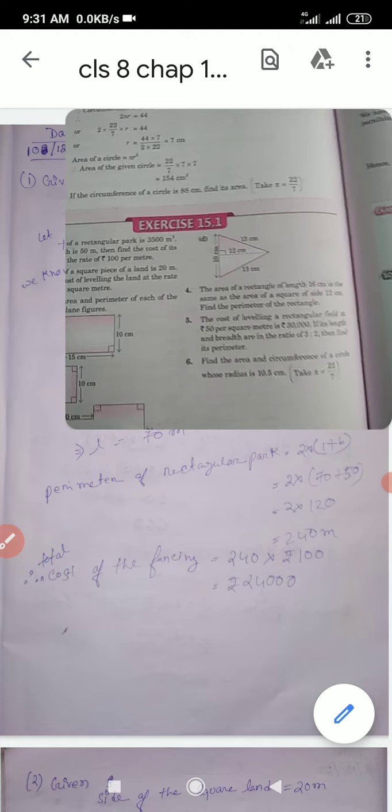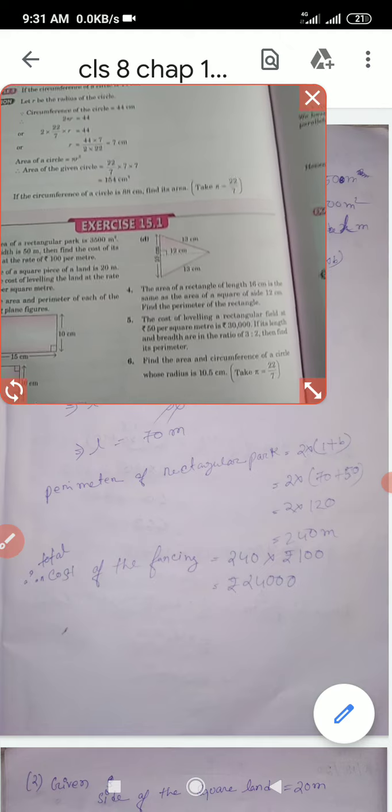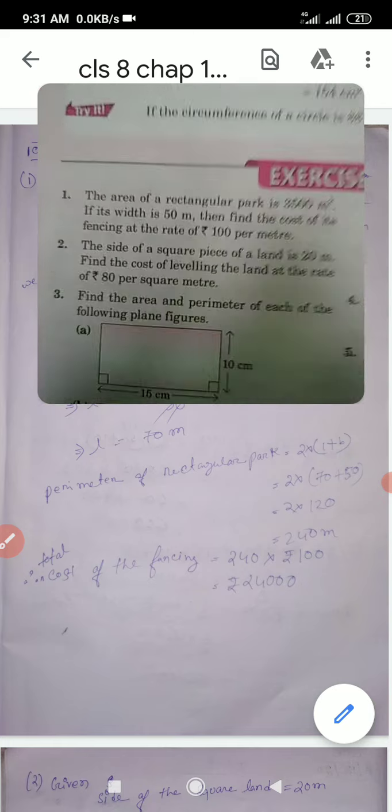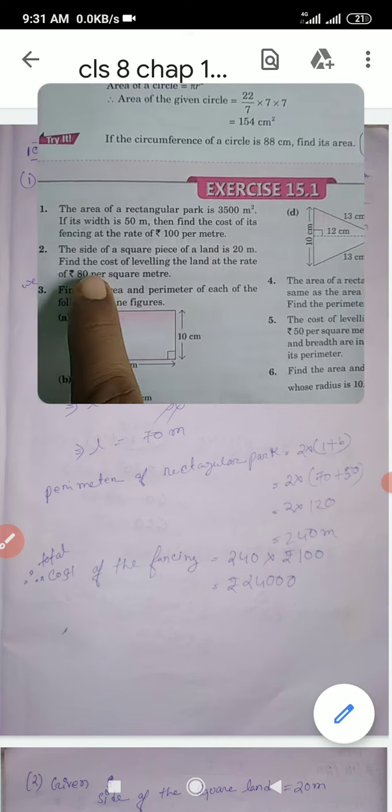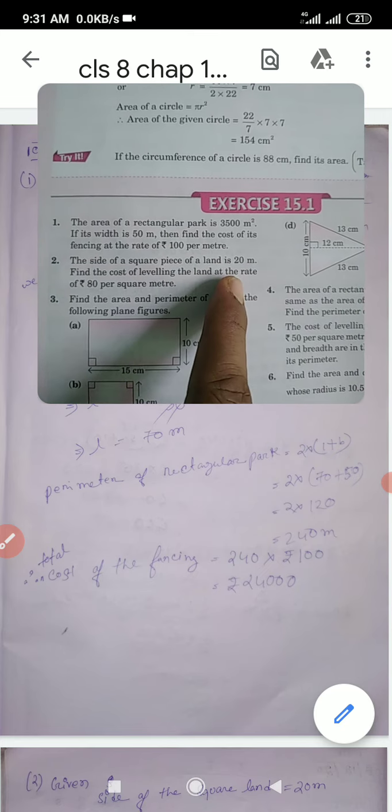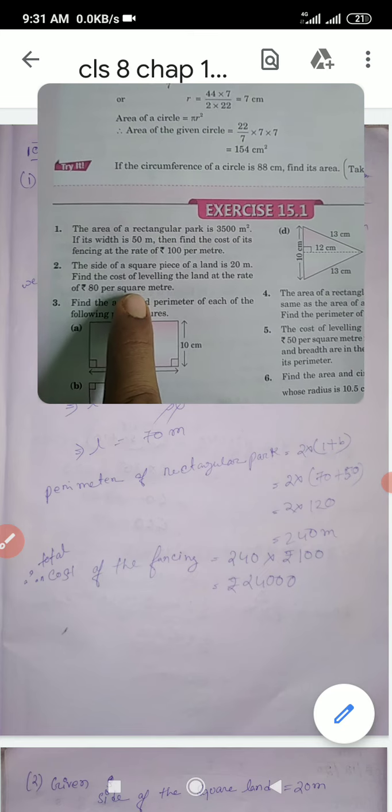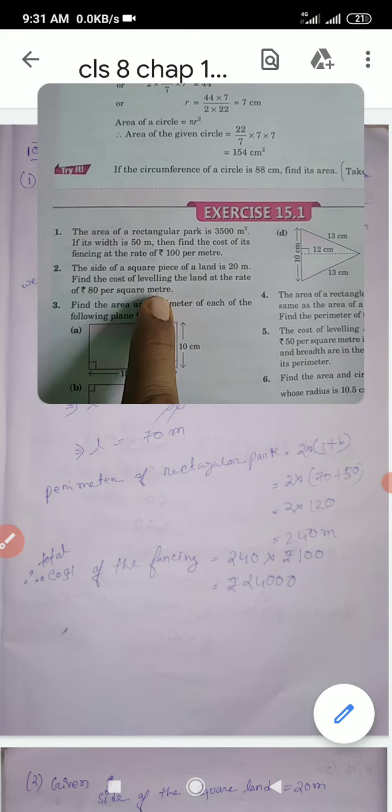So next one. It is given the side of a square piece of land is 20 meter. Find the cost of leveling the land at the rate of rupees 80 per square meter.